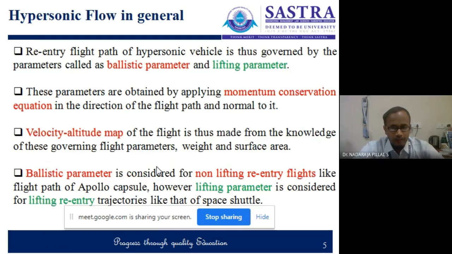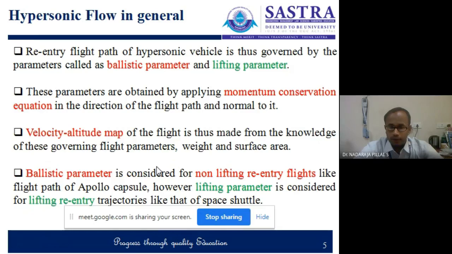By considering this, we also need a velocity-altitude map of the flight. This knowledge of governing flight parameters, and then the weight of the vehicle, surface area, and all these things are very important.